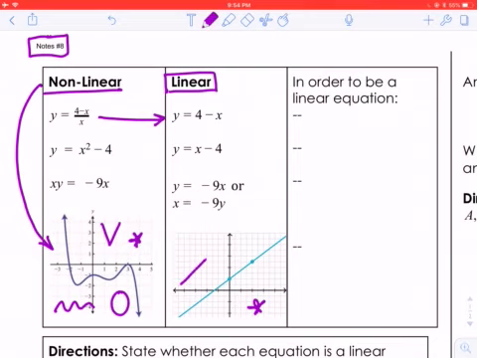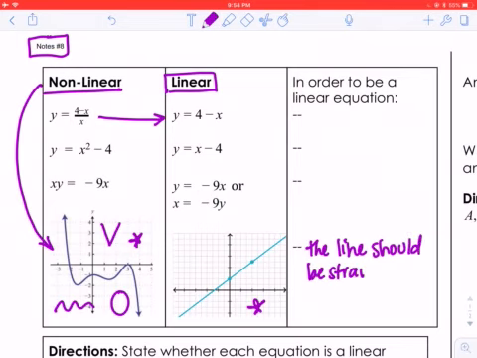It's just anything that's not a straight line, or a straight line down, or up and down, or flat like this. So in order to be a linear equation, the line should be straight, have no curves. So that's the first part.